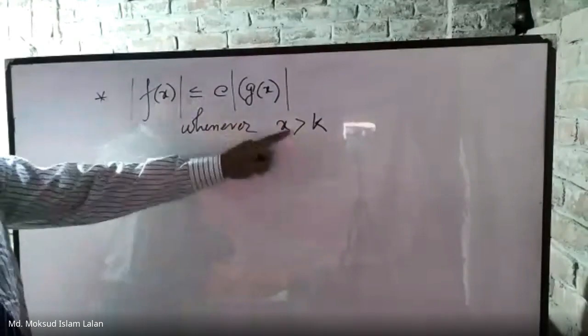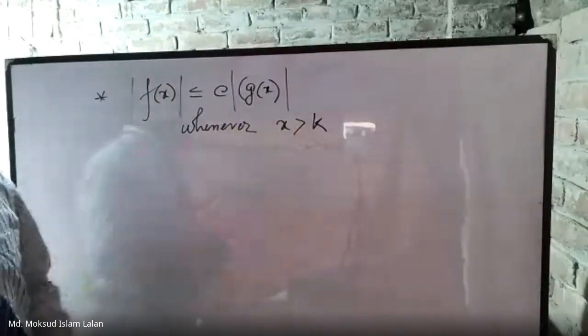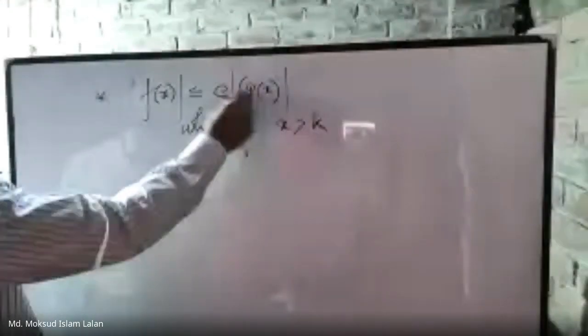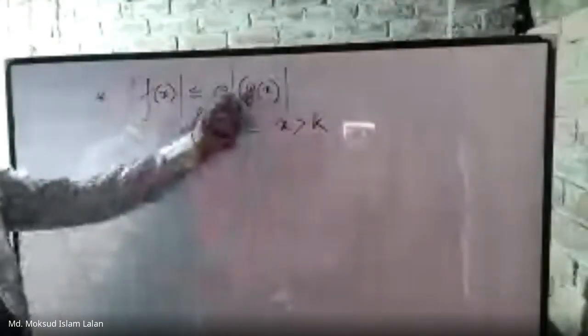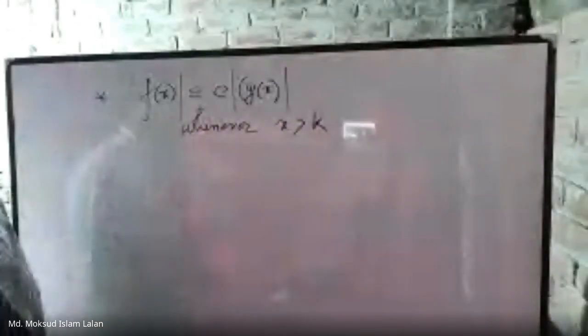Here c and k are the witnesses. On the basis of this, you can say f of x is Big O of g of x, where g of x is actually a smaller function than f of x.